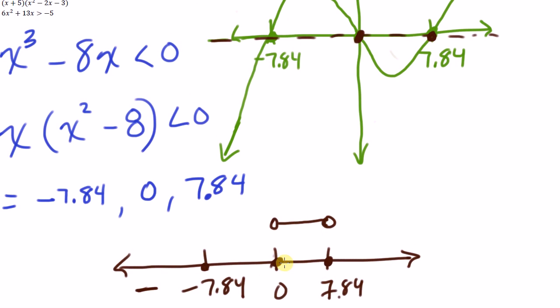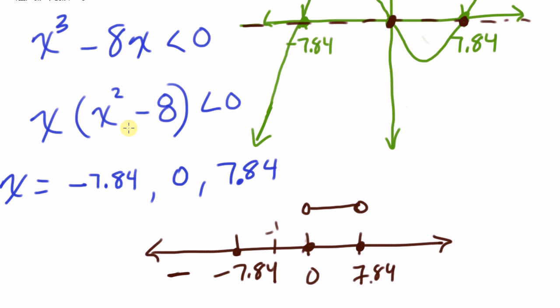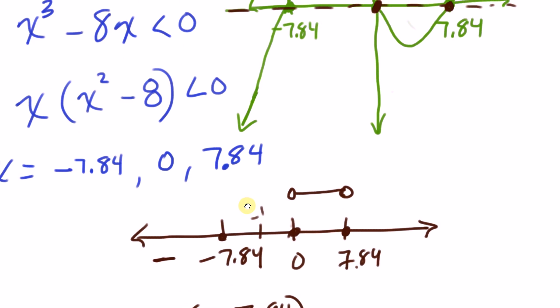In between here and here, I'm going to pick like negative 1. At negative 1, I'm going to square it, I'm going to get 1 minus 8, that's going to be negative 7. Times negative. So negative times negative is going to give me a positive.